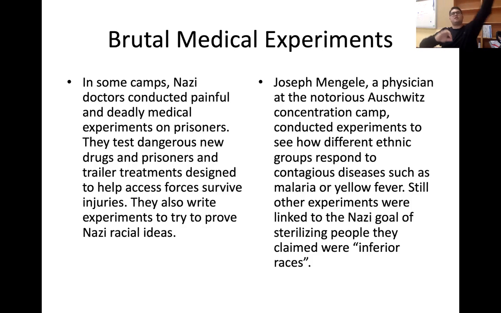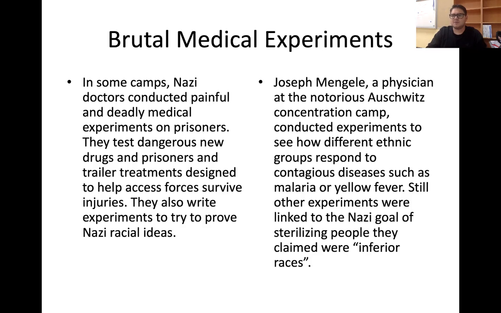Because this is going to be part of Hitler's solution to the problem: we'll make it so that they can't have kids, right? That way, eventually they just stop existing. And that was something they were very interested in. Not interesting, it's not interesting at all. It's terrible, but it's something that interested them.